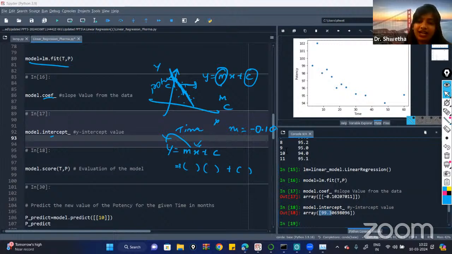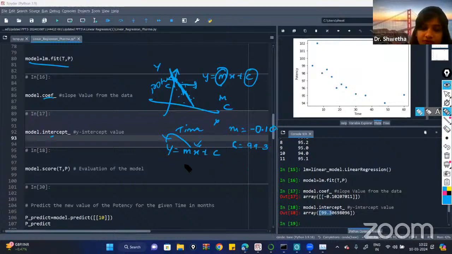So this is the value where the line intercepts the y-axis. Now, this is the equation we have got from the regression analysis model.